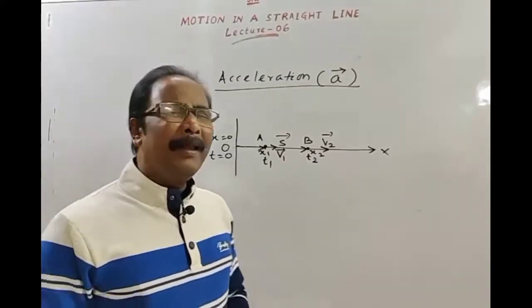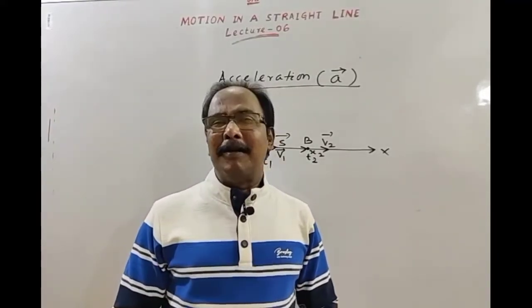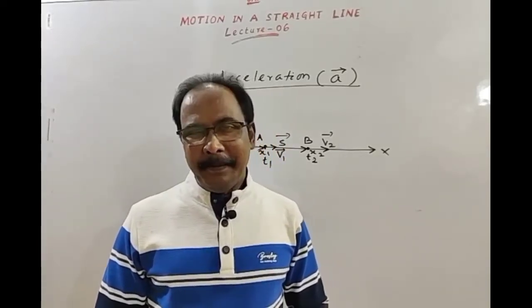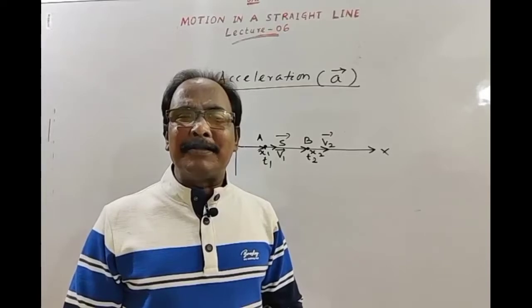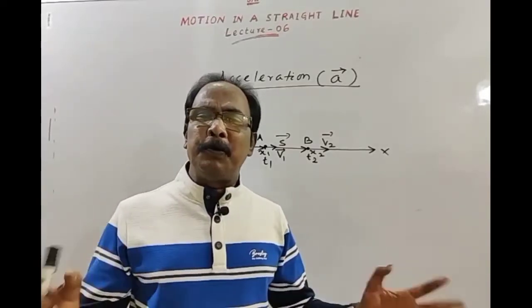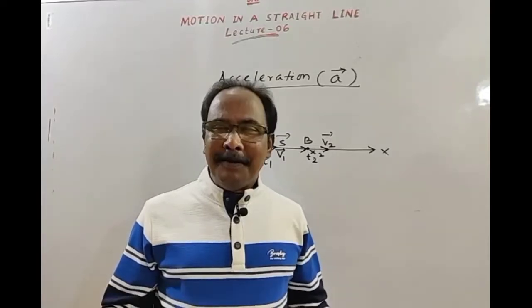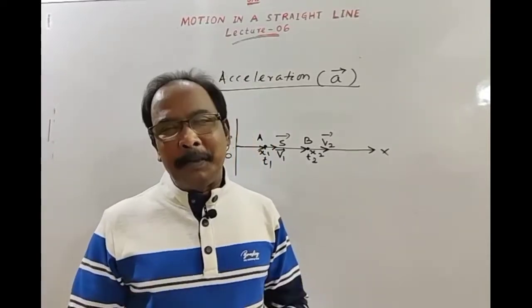Before going to the discussion on acceleration, let's first think about velocity. Velocity is defined as the rate of change of position vector, or simply we may say the rate of change of displacement.